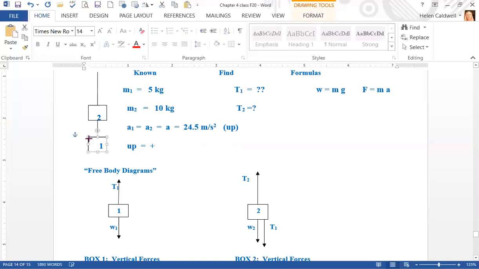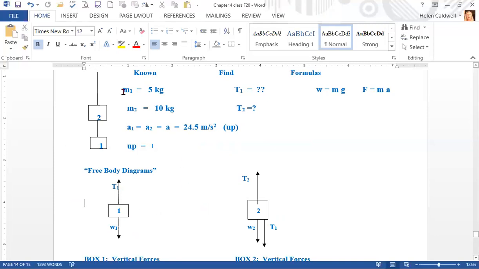I think I will. So our free body diagrams, box 1, T1 comes up, W1 comes down.